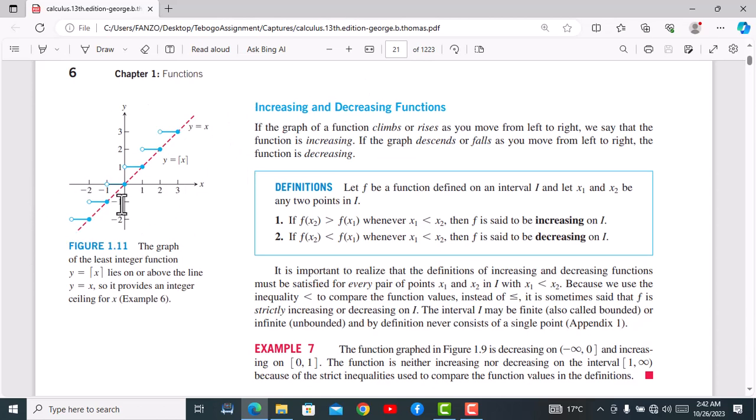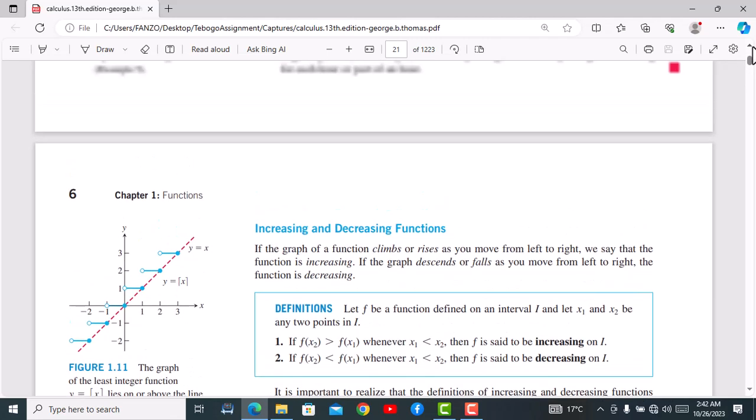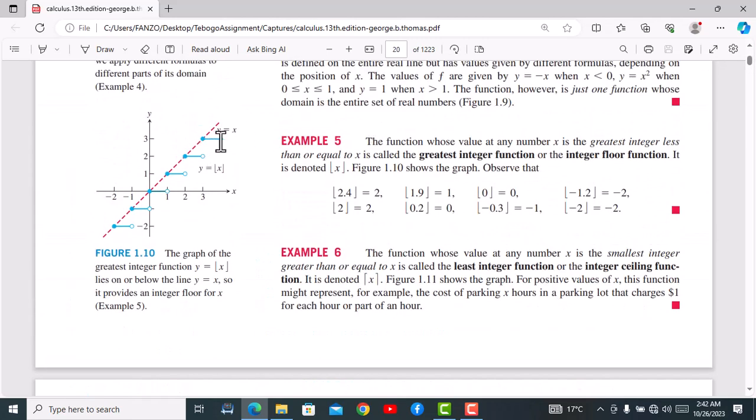Alright, be that as it may, there may be different ways of explaining that, but it makes sense to me when I explain it in that way. So when you have a function that points to a lower value, you have the least, and when you have a function that points to a higher value, then you have the greatest integer function.